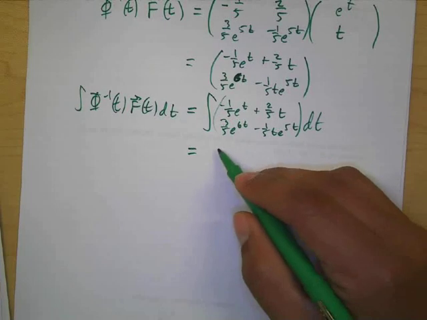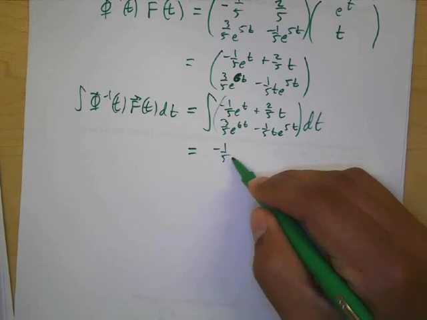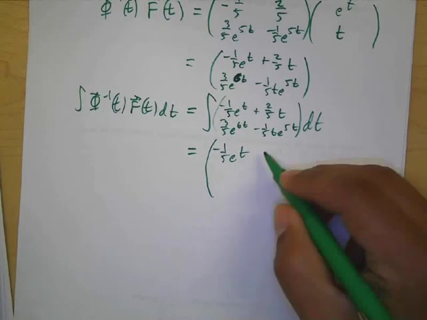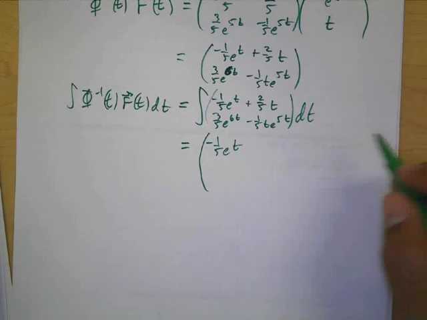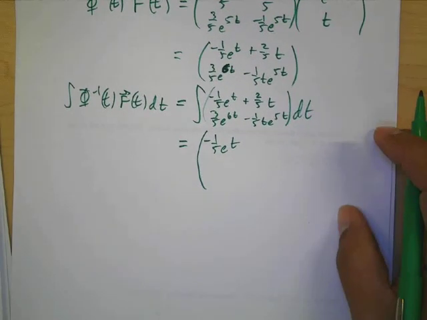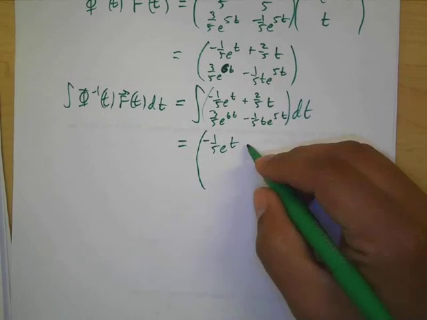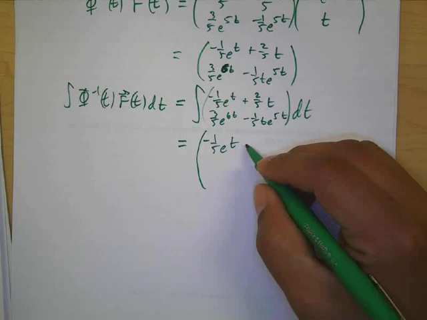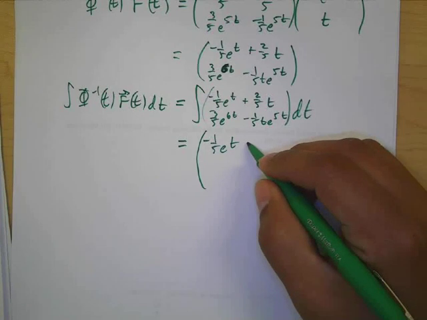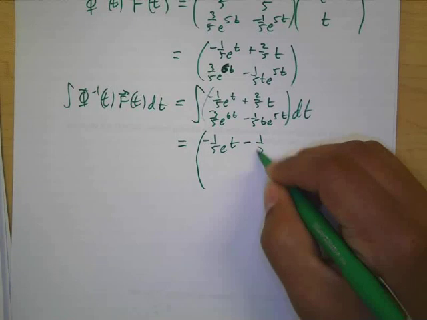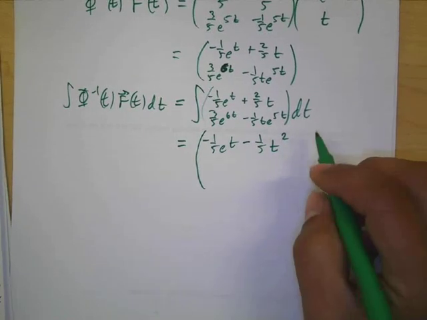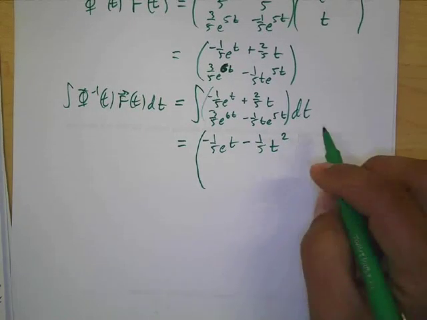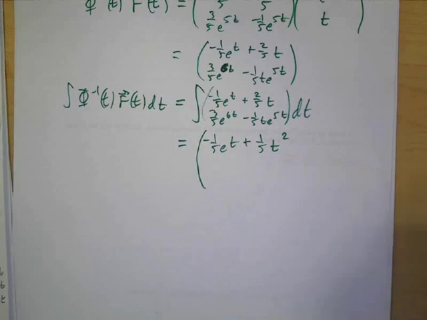That's just going to be negative 1/5 e to the t. Wait, how do we integrate the last thing? We didn't integrate yet. Minus 1/5 t squared. You could do tabular. Yes, this is a plus, thank you.